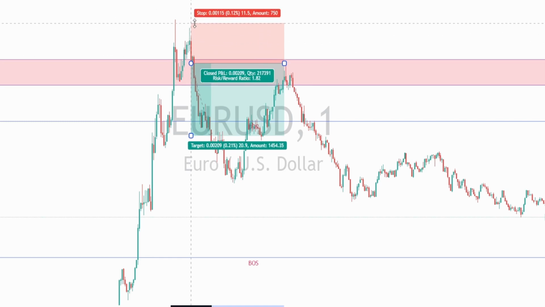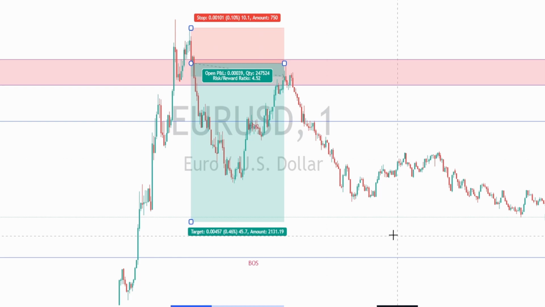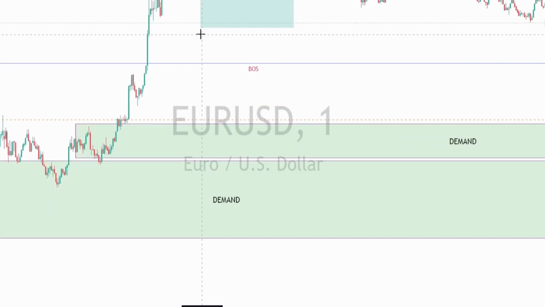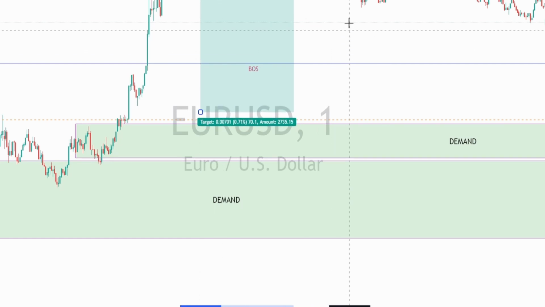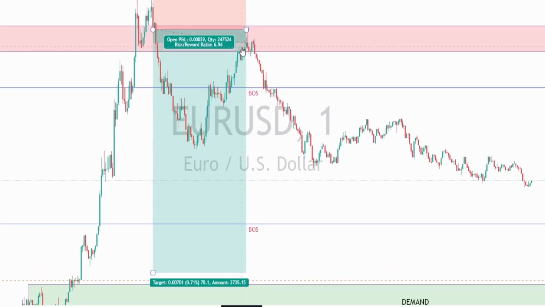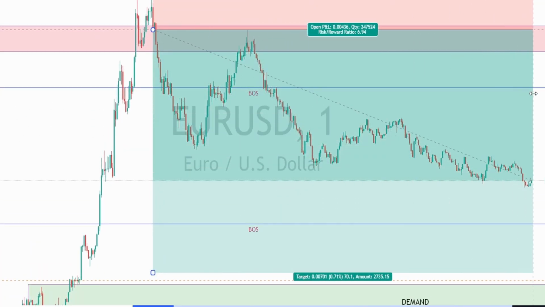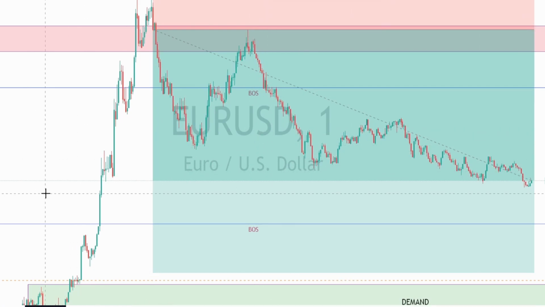All right. So we were targeting that demand zone. I would have gotten out, sorry, somewhere around there. And you can see the potential is almost a 1-to-7 risk to reward.